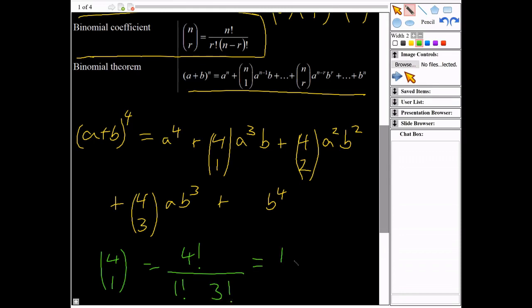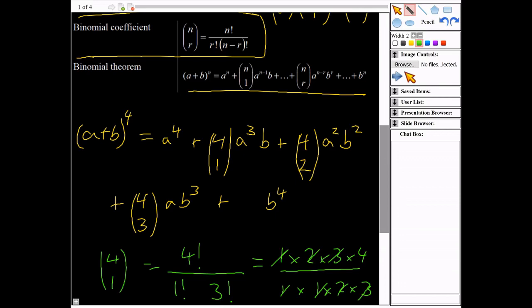So 4 factorial would be 1 times 2 times 3 times 4. 1 factorial would just be 1, and then 3 factorial would be 1 times 2 times 3. So I can see that my 1, 2, 3 and 1, 2, 3 would all cancel out, and the answer would just be 4. Okay, so that general formula will work for whatever it is.